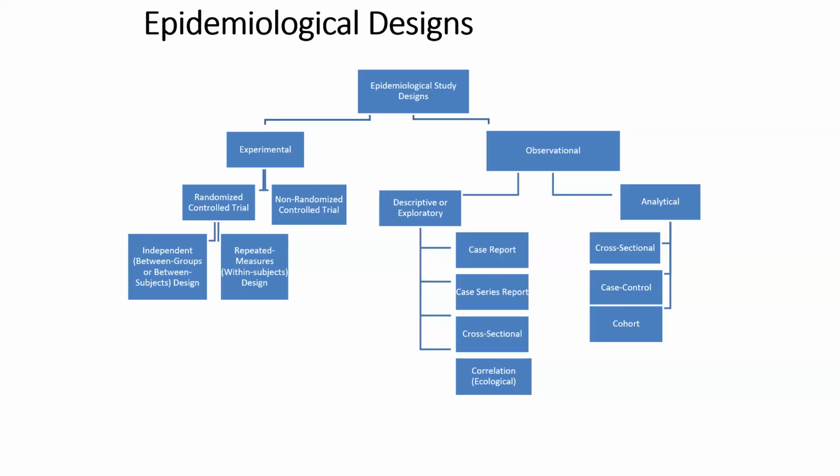That intervention must have two or more groups that you're working in, and persons, I'm explaining randomization now, persons are assigned to the intervention or the control group by chance.